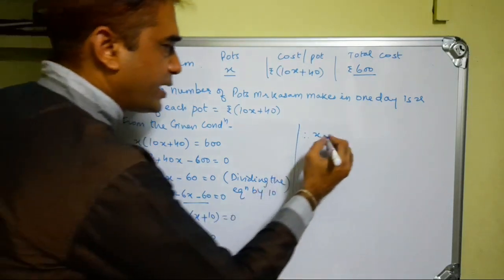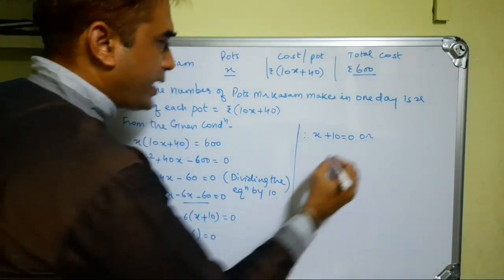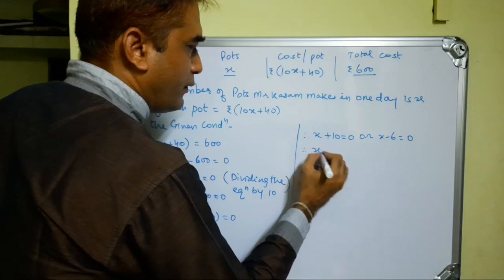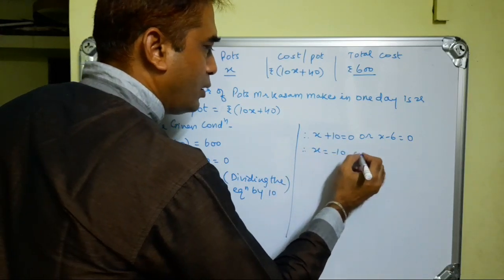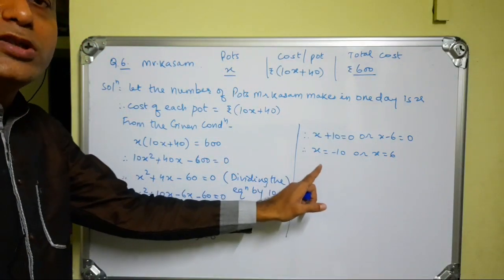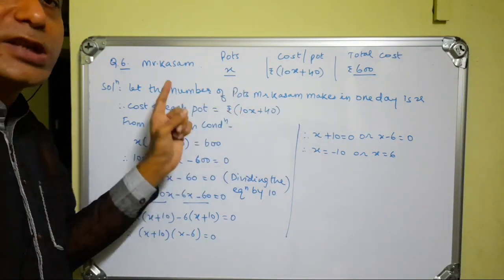And therefore x plus 10 equals 0 or x minus 6 equals 0. Therefore x equals negative 10 or x equals 6. Now what we have assumed for x is the number of pots in one day.